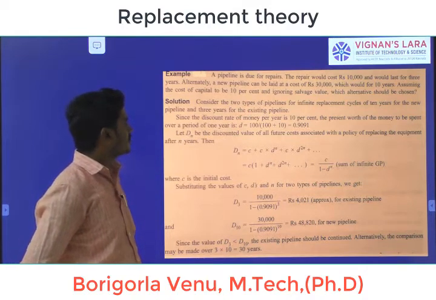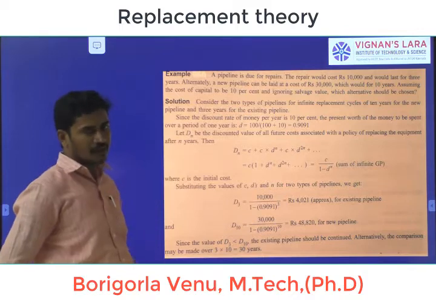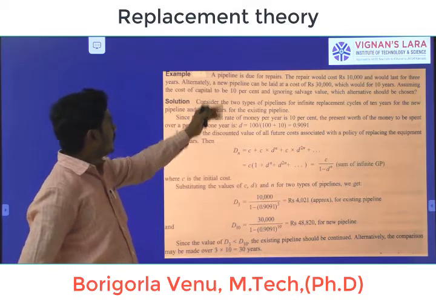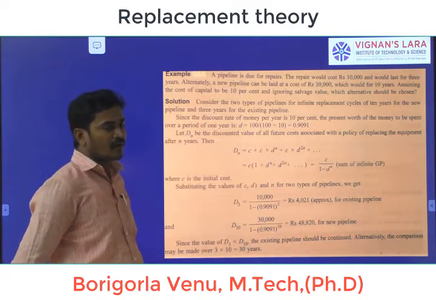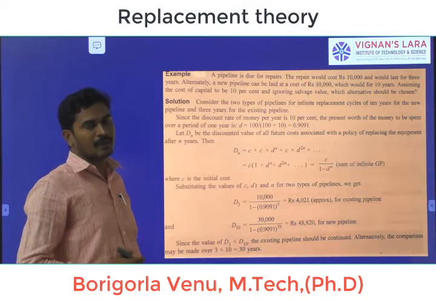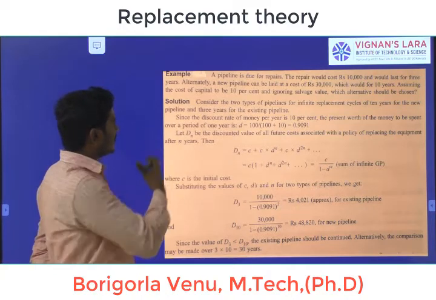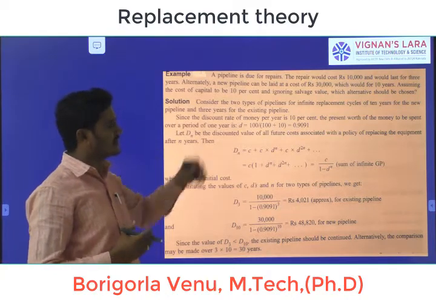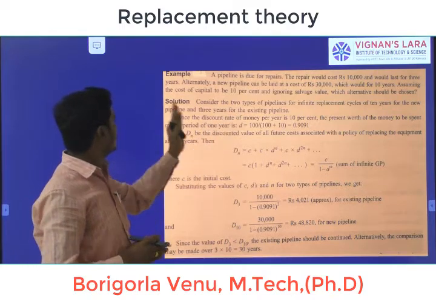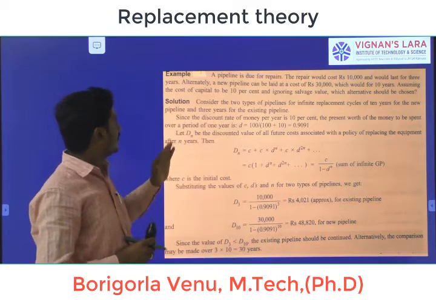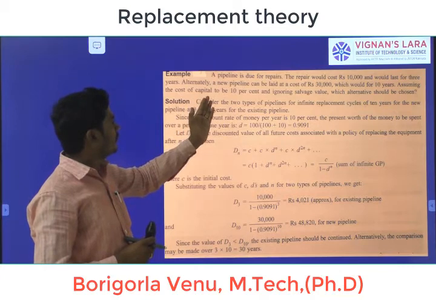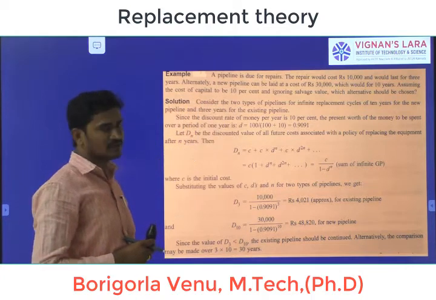Which alternative should be chosen? Here they are given the pipeline repair due date. They are given that after some age we are going to replace the pipeline. The repair cost is 10,000, lasting 3 years, and a new pipeline can be laid at a cost of 30,000.